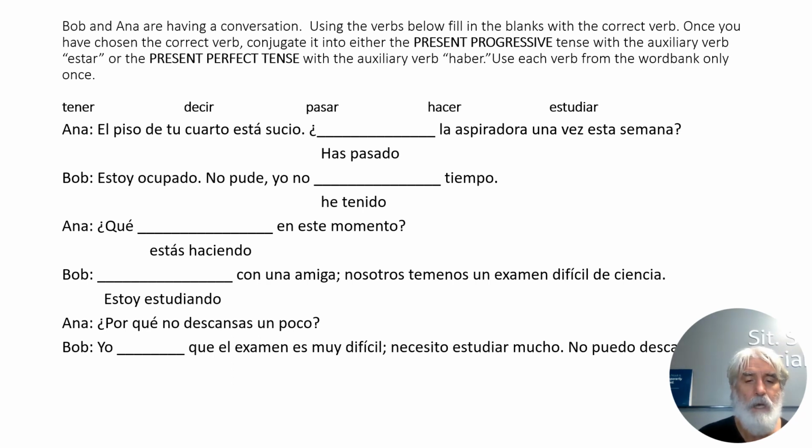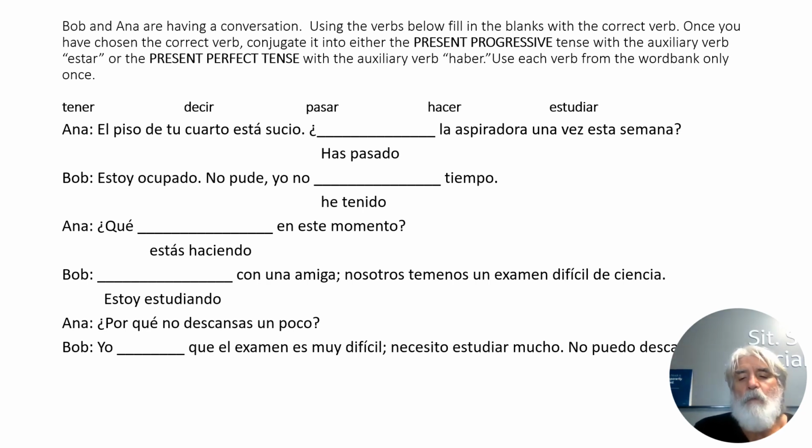And now Ana tells him or asks him, ¿Por qué no descansas un poco? Why don't you rest a little bit? And what does he answer? We have to use the verb decir now. That's our only verb left. So now he's going to say, yo decir que el examen es muy difícil.